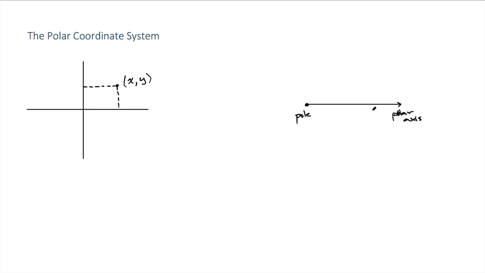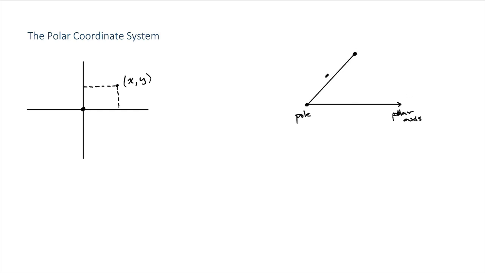So you can see that there are some similarities here. First of all, the origin of the rectangular coordinate system is just like the pole of the polar system. And then we have one axis in the polar system, and two axes in the rectangular system. Now, when we have a point in the polar system, we're not going to create a rectangle out of it. We're going to just connect directly from the pole to that point.